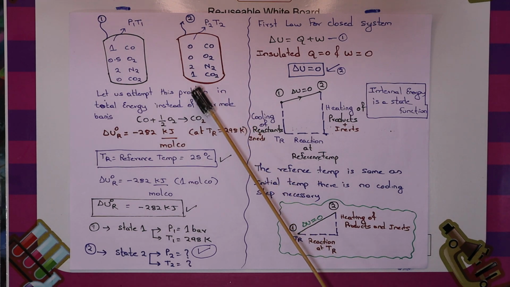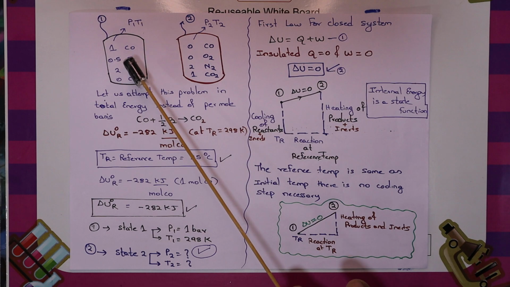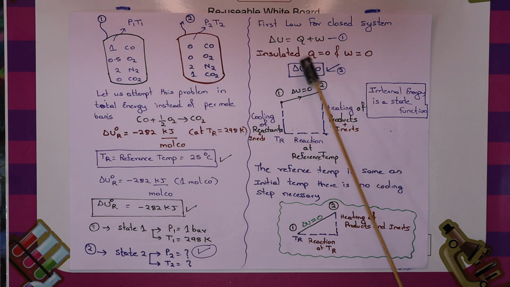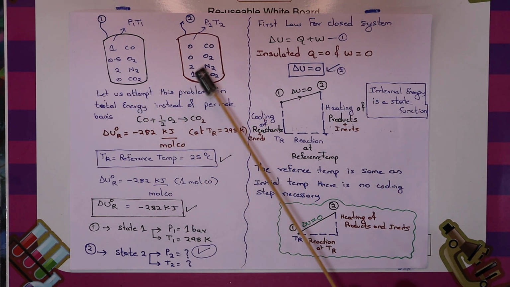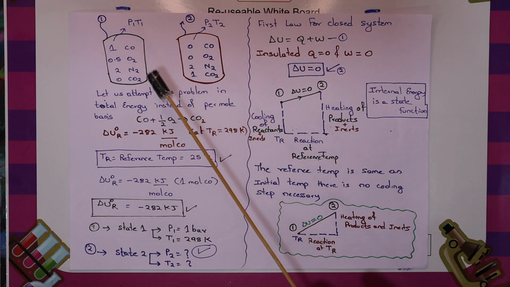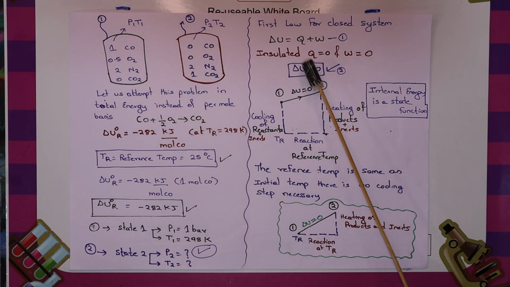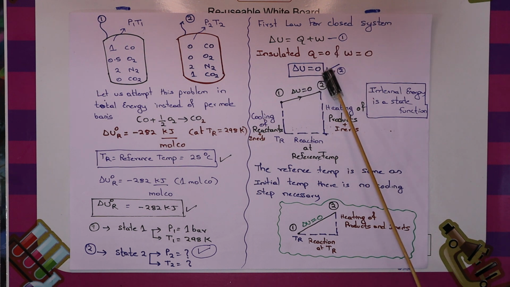Because it is an insulated container, Q equals 0. The heat exchanged with the surroundings is 0, and work is also 0, because there is no shaft work or expansion work as the system changes from state 1 to state 2. Therefore, for this closed system, we get change in internal energy equal to 0.